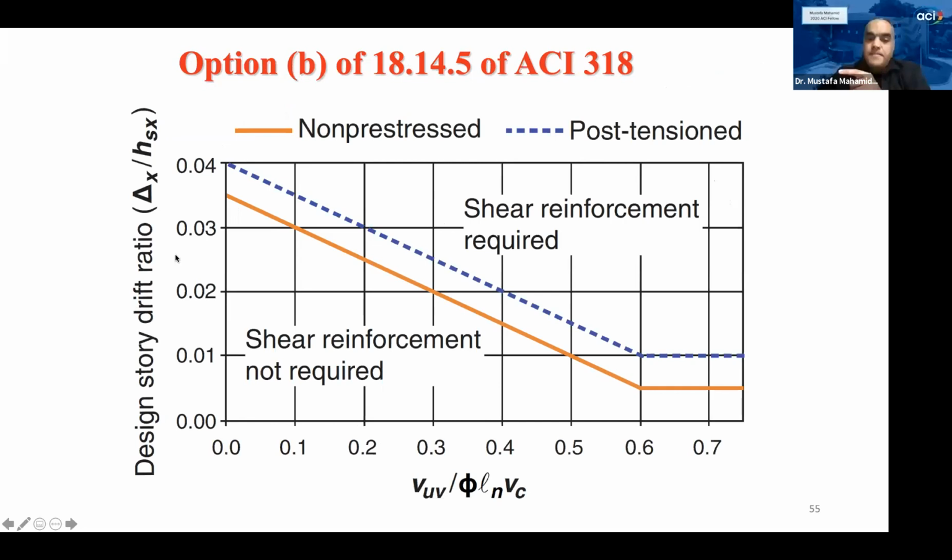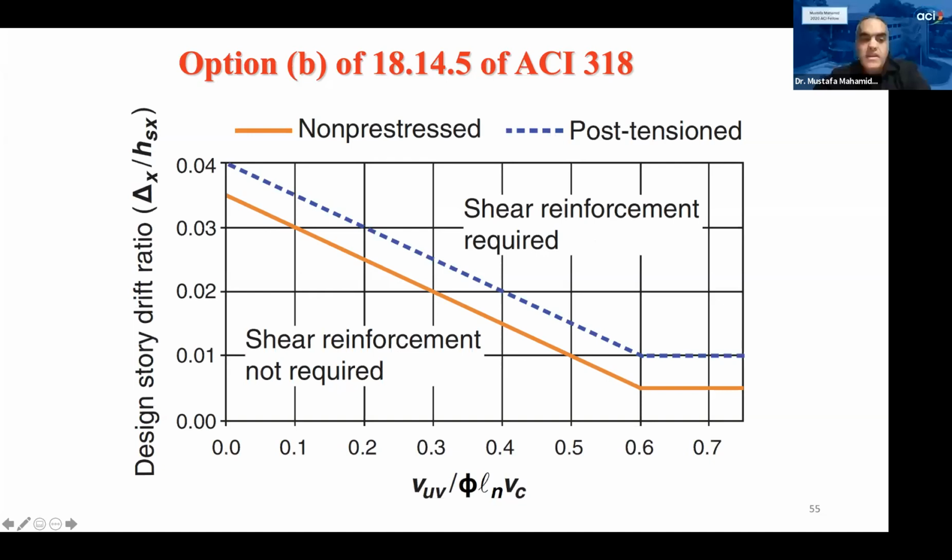As you can see, it depends on the applied shear stress versus the concrete capacity in shear, and the drift ratio. It's very simple. You calculate the shear stress, you calculate the concrete capacity, you know what your drift is, and then you will see if your slab requires shear reinforcement or not. The figure summarizes many of the things that we talked about, which were also based on tests.